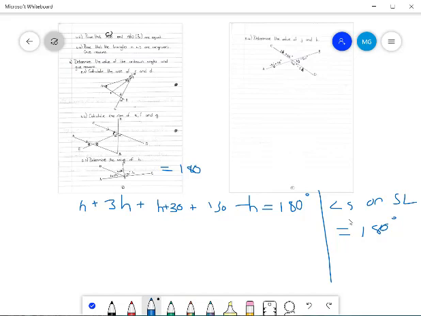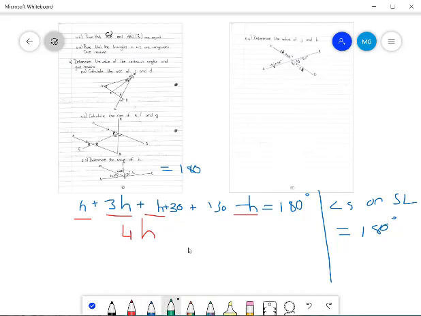Now it's simply algebra, solving this in an algebraic way. Remember what we learned about algebra: you can add the h's and you can add the whole numbers. Simplify before you take over. So I can say h plus 3h plus h minus h, so that I can actually add and subtract. h plus 3h is 4h, plus another h gives me 5h, minus an h gives me 4h. So all those give me 4 h's.